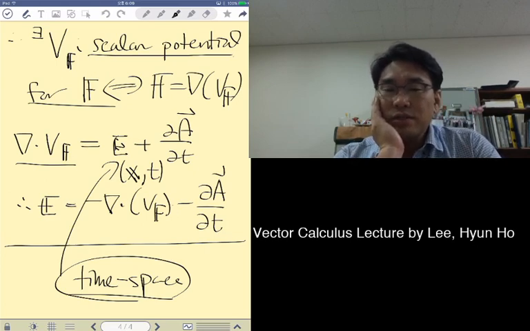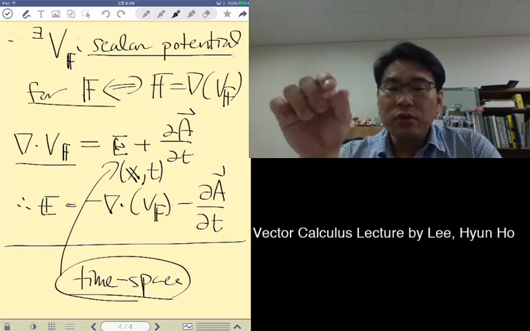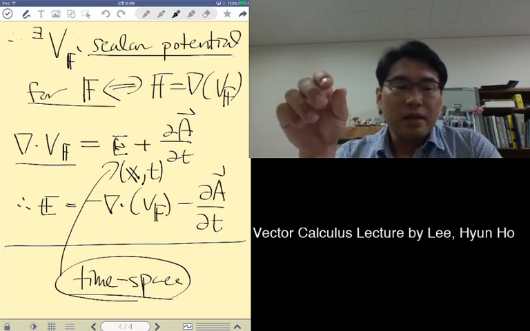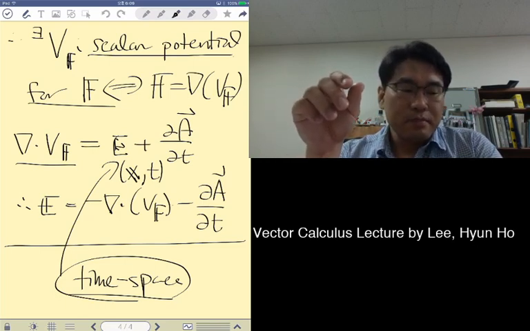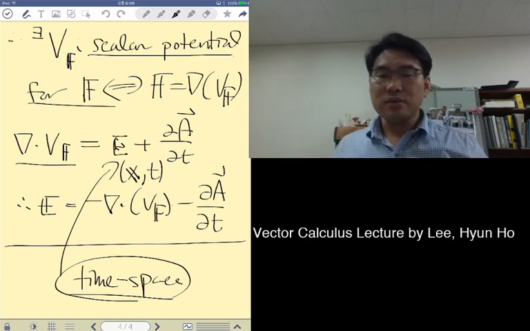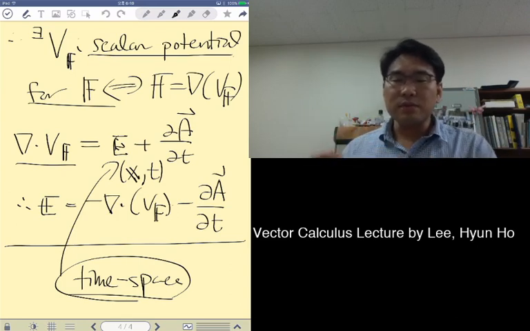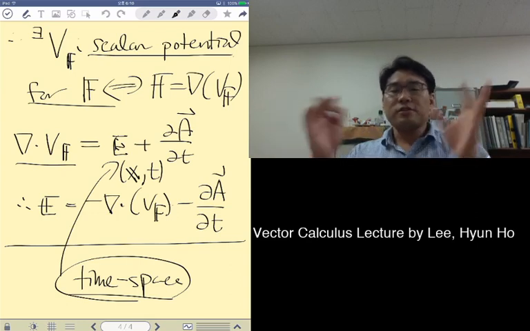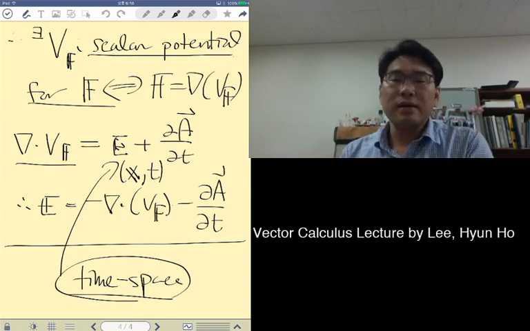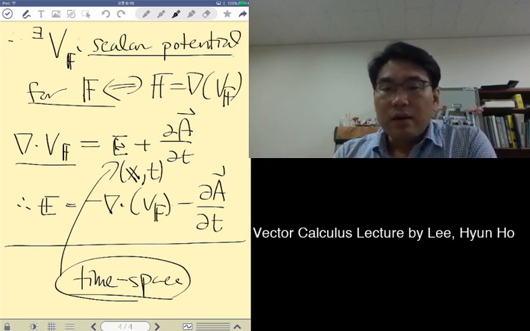If you consider such special relativity, it turns out that the electromagnetic theory of Maxwell's equations is not contradictory to special relativity. In that sense this theory is very important.